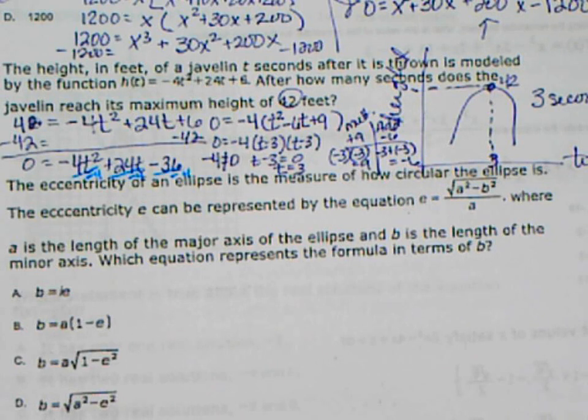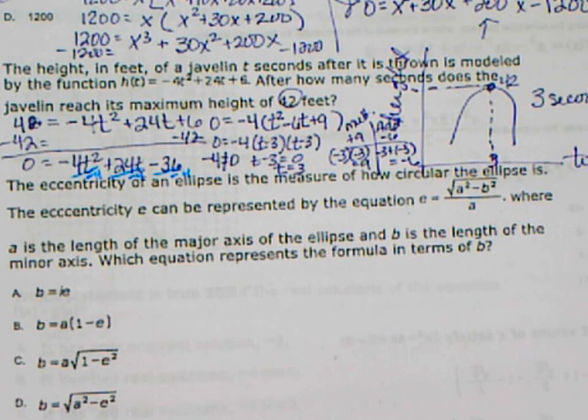So number 8 says the eccentricity of an ellipse is the measure of how circular the ellipse is. The eccentricity E can be represented by the equation E equals the quantity of the square root of a squared minus b squared, all divided by a, where a is the length of the major axis of the ellipse and b is the length of the minor axis.